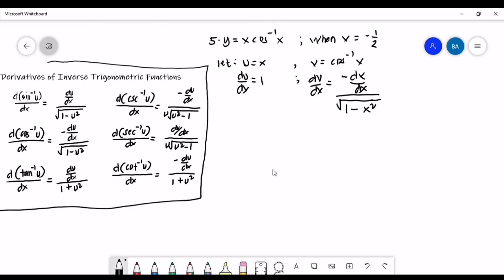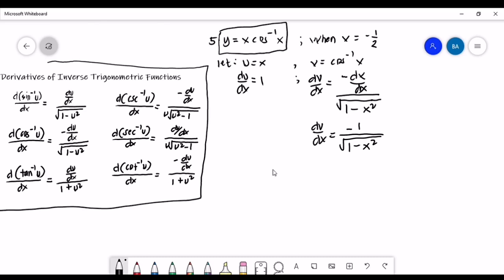So overall, dv with respect to x equals to negative 1 over the square root of 1 minus x squared.